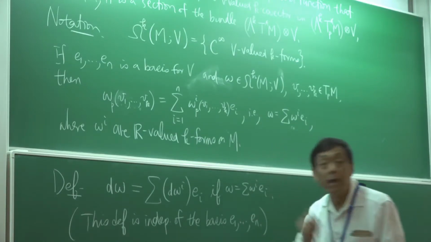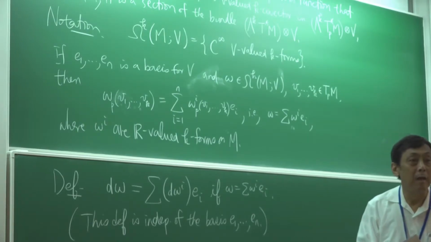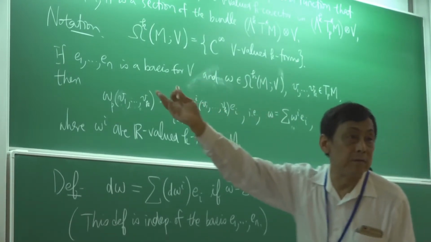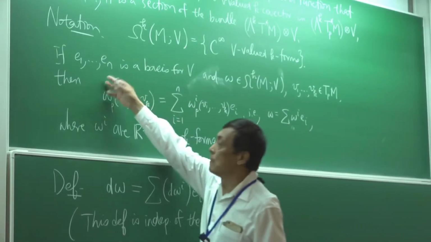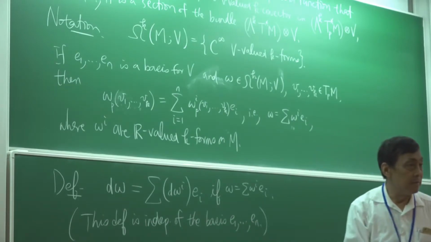V is a finite dimensional vector space, and once you choose a basis, it's easy to calculate the exterior derivative.